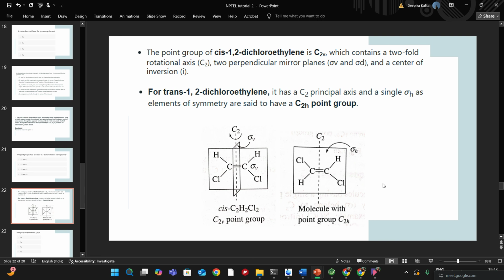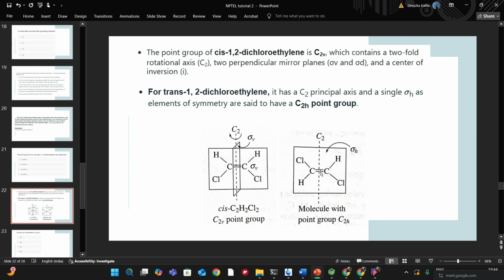And on this side we have the trans 1,2-dichloroethylene molecule and the C2 axis which will go, imagine, perpendicular to this point. Suppose from the plane of the screen it will be going in this direction, and if you rotate it by 180 degrees, this chloro substituent will come to this position and this hydrogen will come to this position, and that will be the principal axis.